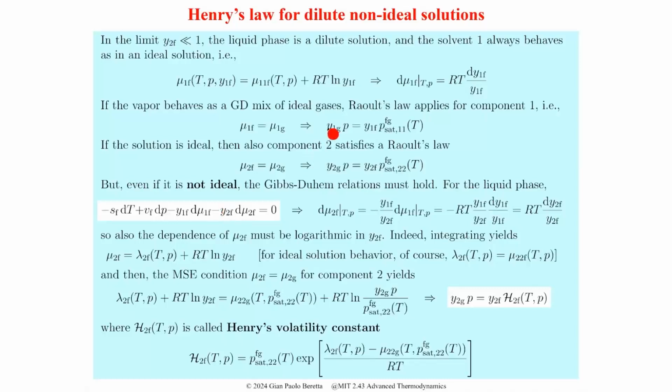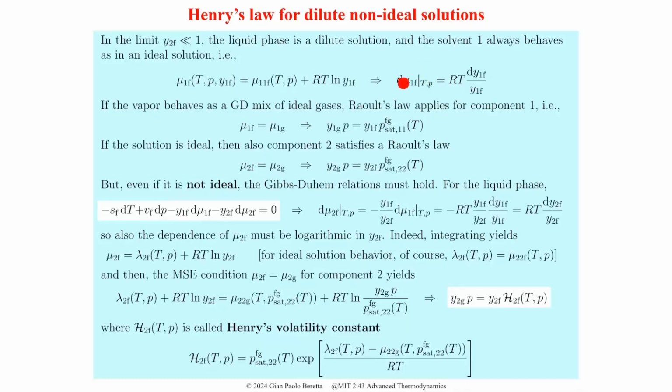So since the solvent behaves like this, it's ideal, so it obeys this ideal relation for chemical potentials. If you do the differential of that at constant T and P, you are left with just the differential of log of y, which is dy over y.